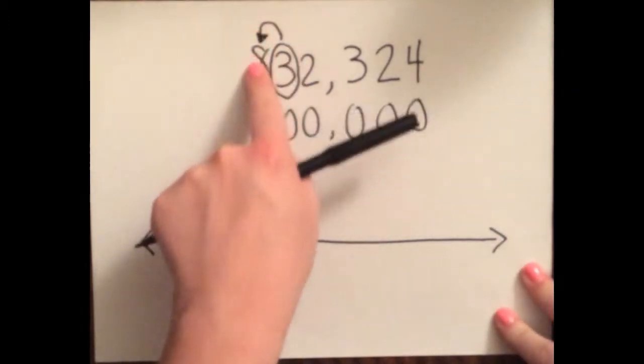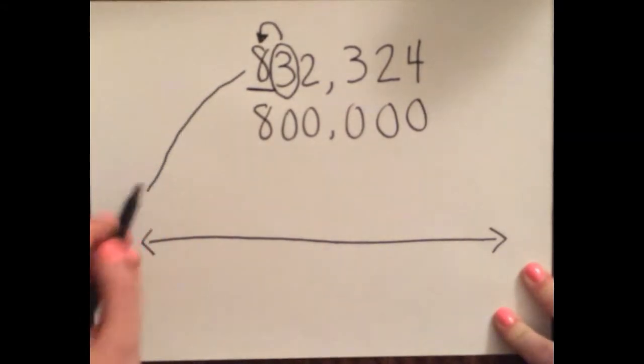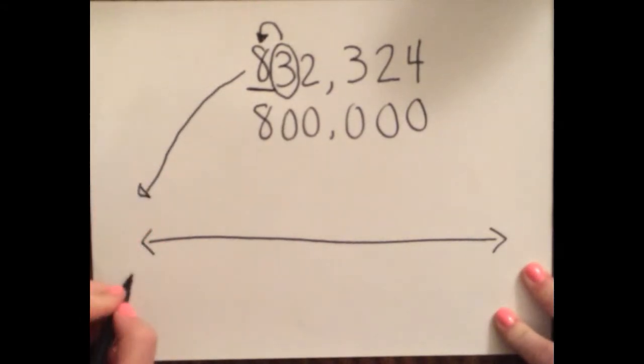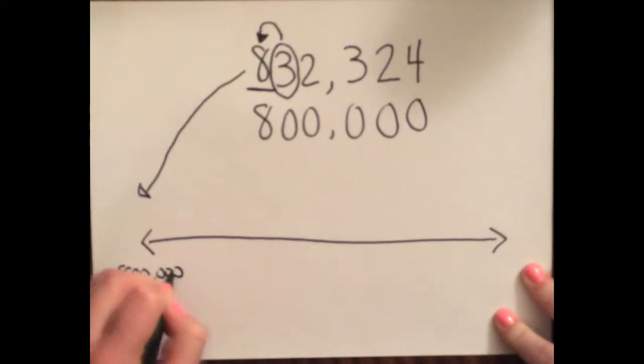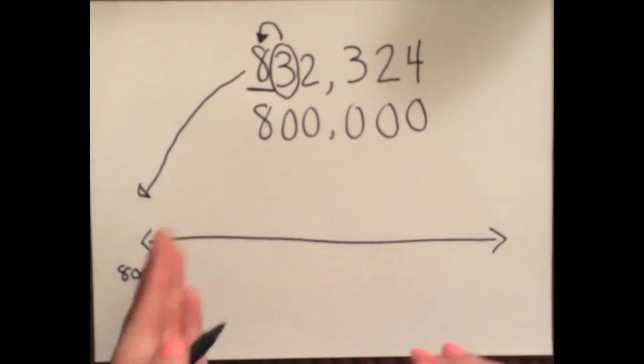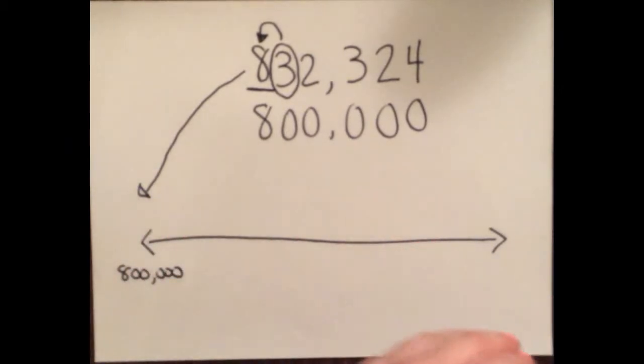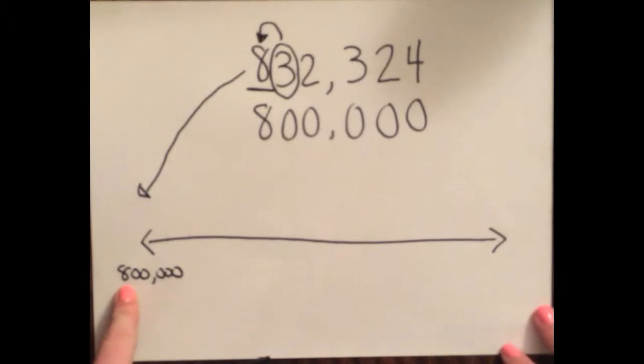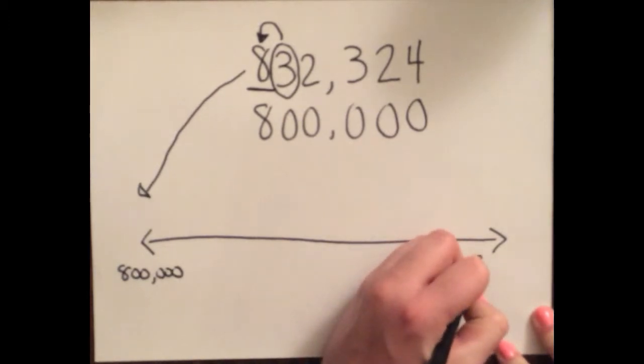Because this 3 let it rest, and there's an 8 here, we're going to start our number line at 800,000. And then since we are going by 100,000s, we're going to add 100 more thousand. So it's basically saying 8 plus 1, or 800,000 plus 100,000.